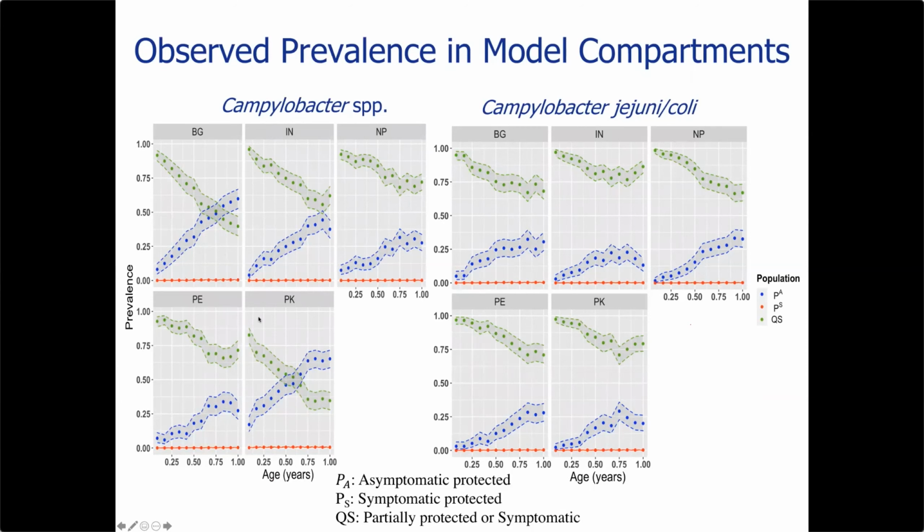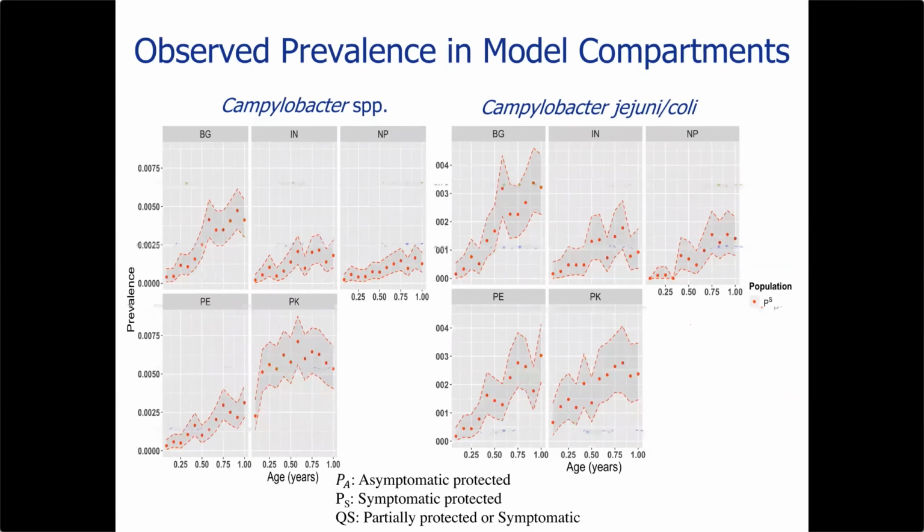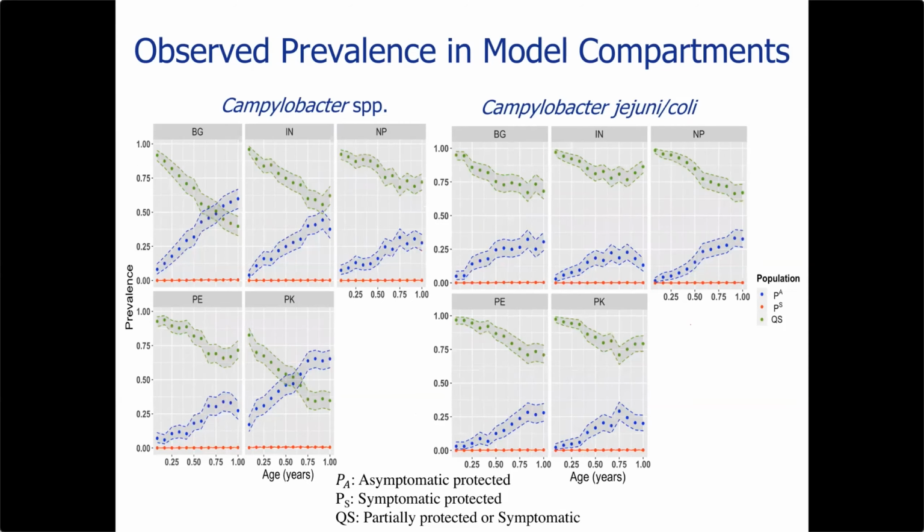There's a difference in the pattern between Campylobacter species and jejuni and across all the countries, but the trend is the same. If you look at a little higher resolution, the fraction of actually ill people who get protected with symptomatic illness shows a different trend in different countries, but the fraction is very low in comparison to the whole population that is asymptomatically protected.